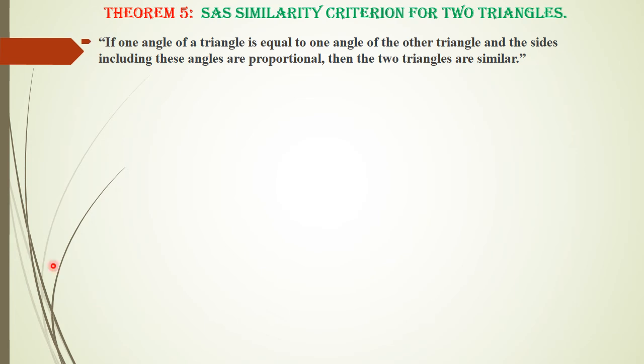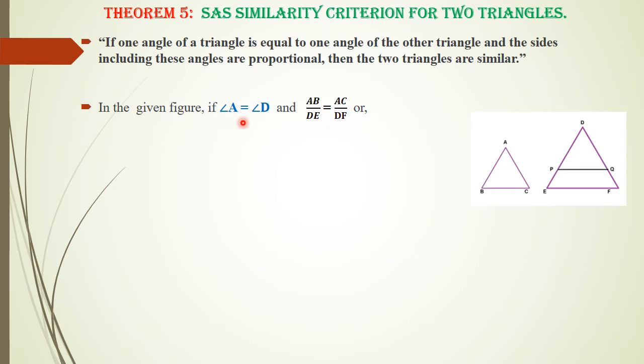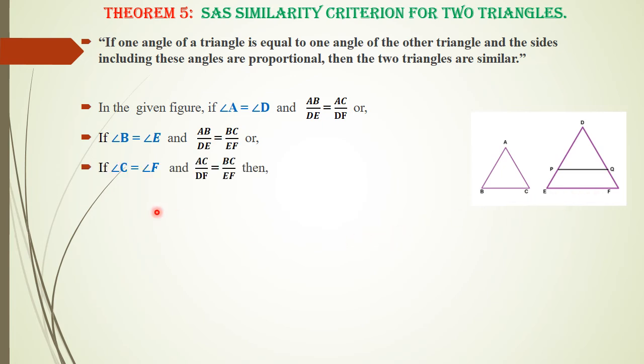If you want to understand this theorem in detail, suppose there are two triangles, triangle ABC and triangle DEF. In these two triangles, if angle A is equal to angle D, and the sides including these two angles are in equal proportion, that is AB upon DE is equal to AC upon DF, or in case angle B is equal to angle E, then the sides including these two angles, that is AB upon DE is equal to BC upon EF, or angle C is equal to angle F. In this case, the sides including these two angles, that is AC upon DF, should be equal to BC upon EF.